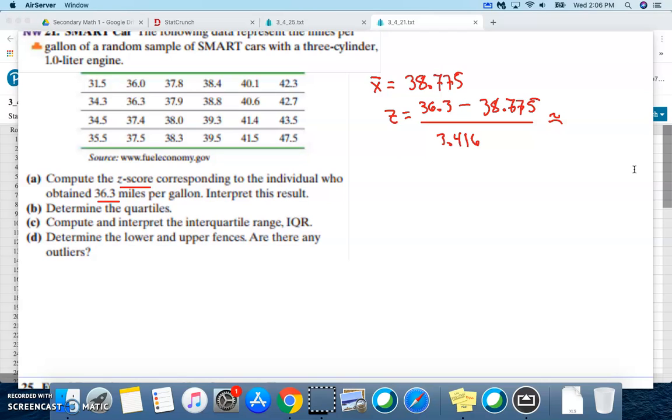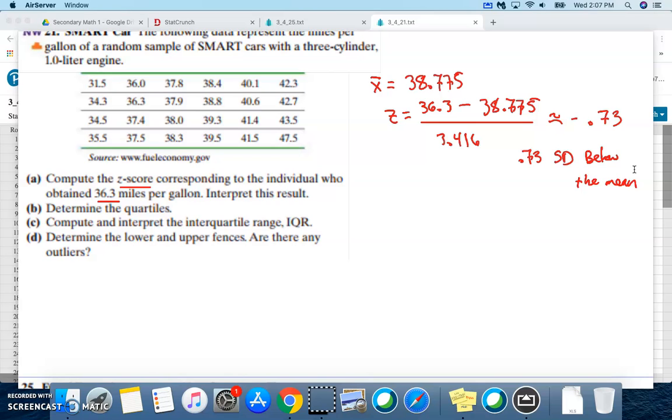When I do this out in a calculator, it's going to be negative because we're below the mean, so it's negative 0.73. And that z-score just means we are 0.73 standard deviations below the mean.